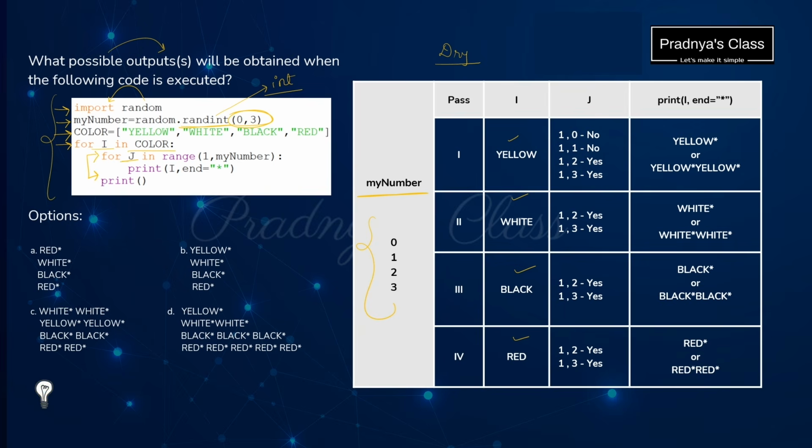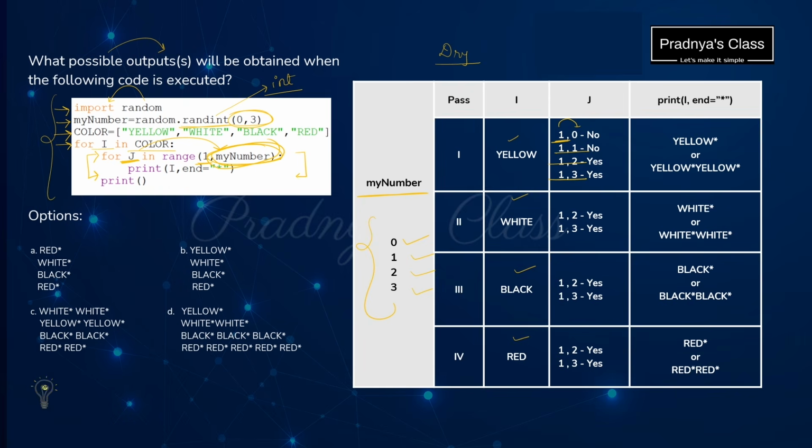The inner loop is iterating using the counter variable j. Look at the values of j in range 1 to my number. The starting value of the range function is fixed, that is 1. Then what about the second value, that is my number? Here are the possible values for my number: 0, 1, 2, 3. So you will be getting ranges like (1, 0), (1, 1), (1, 2) and (1, 3).